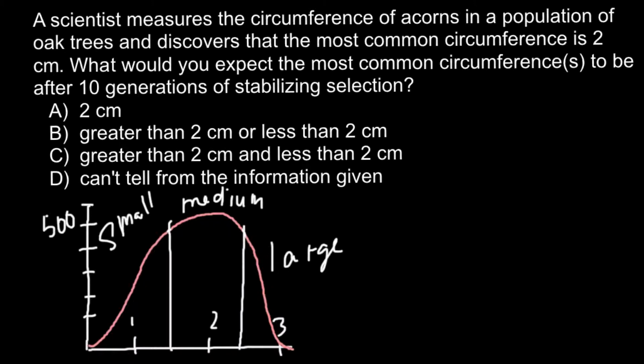So when we have stabilizing selection, after 10 generations, our wave would look slightly different. For example, if we have here 250 acorns, here we have 500 and 250 here, the new curve would be something like this.